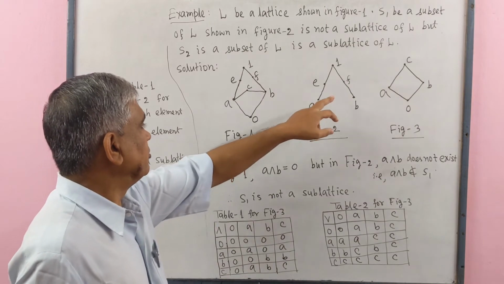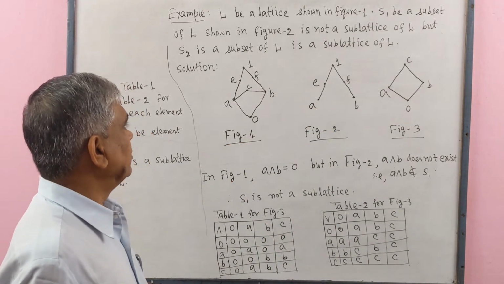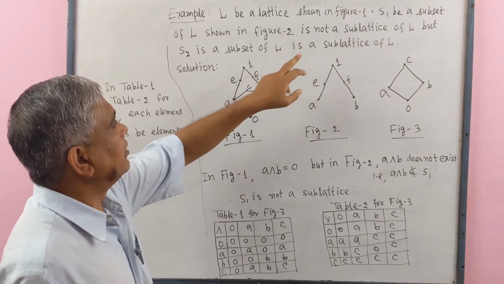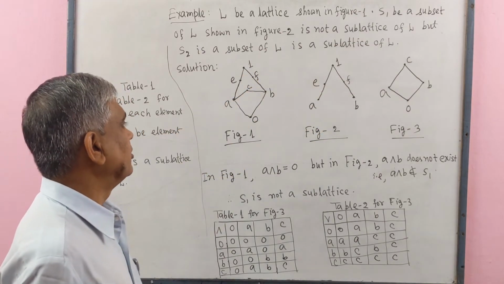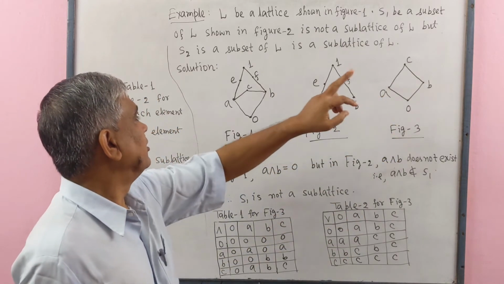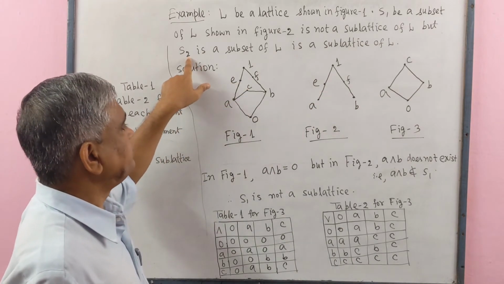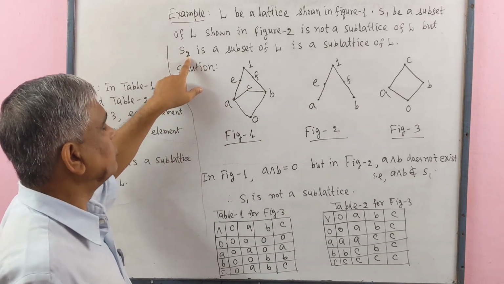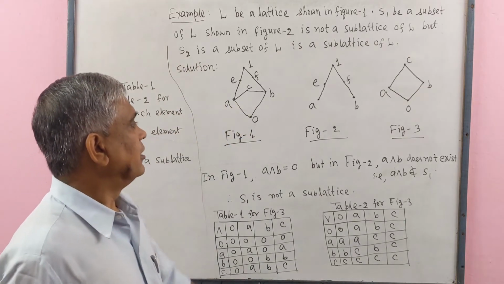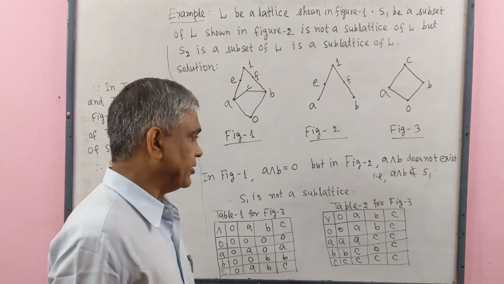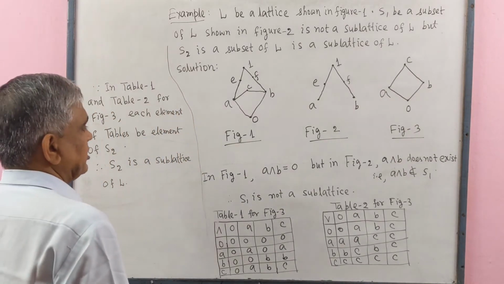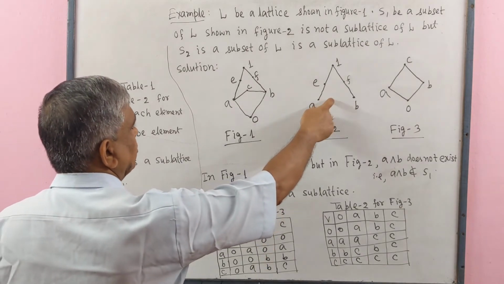We have to show that this S1 is not a sublattice, whereas in figure 3, the set S2, which is a subset of L, is a sublattice. Now, we discuss figure 2.